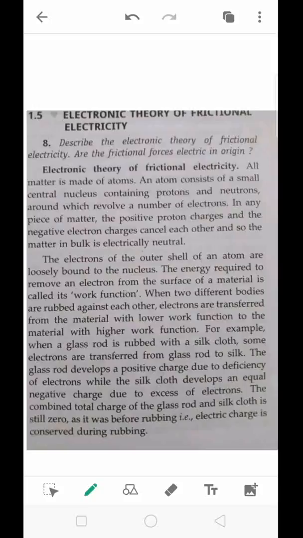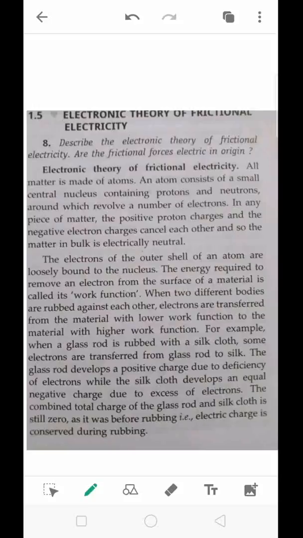Similarly, in the case of a plastic rod and wool, when the plastic rod is rubbed with the wool, the wool has lower work function and the plastic rod has higher work function. So wool will lose the electrons and the plastic rod will gain the electrons. That's why the plastic rod is becoming negatively charged and the wool is becoming positively charged.